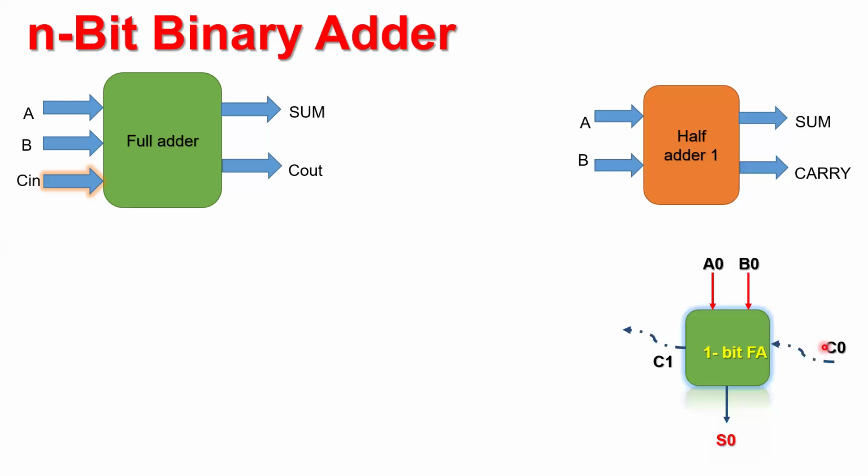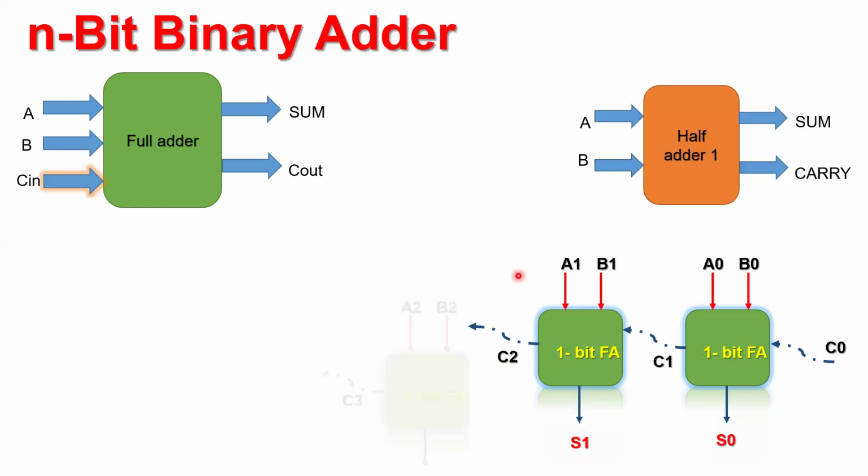They can have a value of logic 0 or logic 1. Then you take another 1-bit full adder. It has inputs A1, B1, and C1, which is basically the carry output of the previous full adder stage, and it has two outputs, C2 and S1.